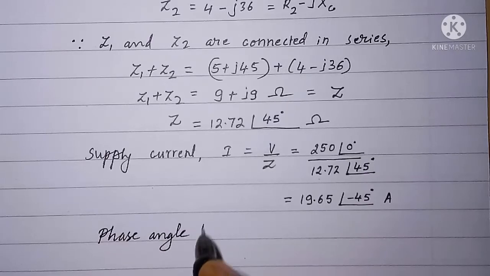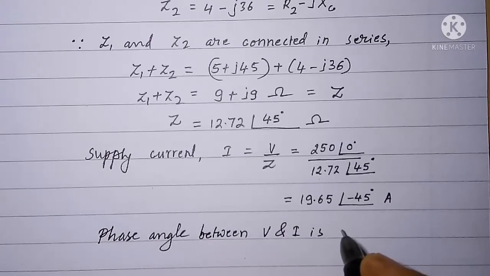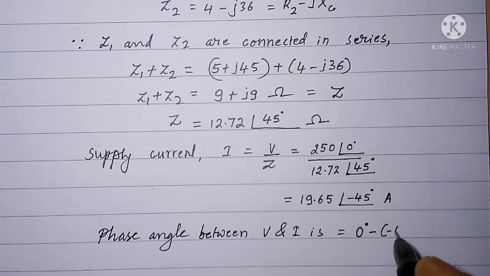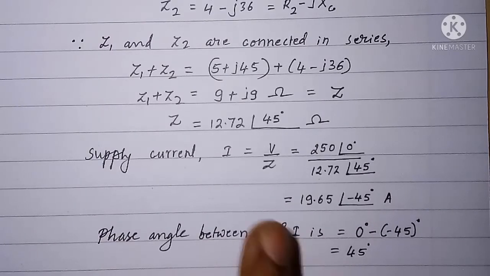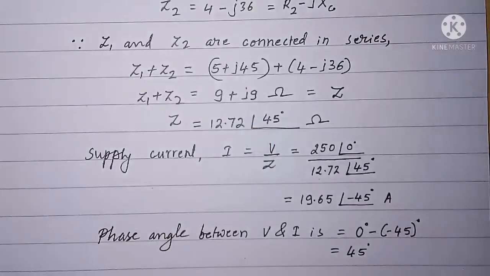Phase angle between V and I is 0 degree minus of minus 45 degree, that is equal to 45 degree. So you can see here, difference of phase angles of voltage and current is equal to phase angle of impedance.